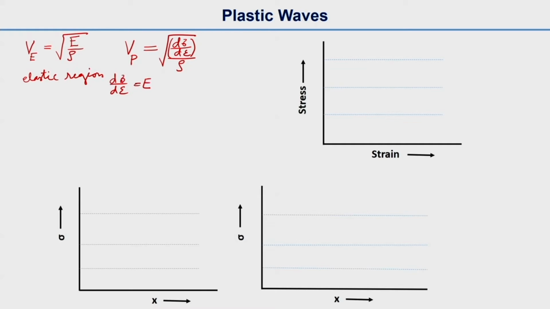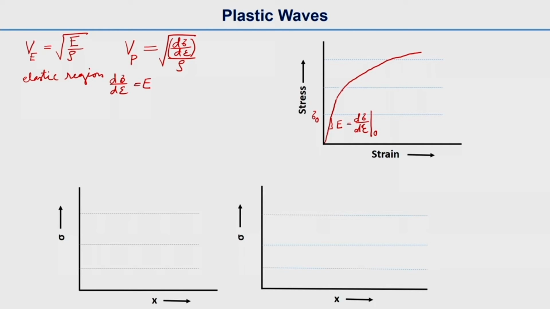So, if we draw the stress strain curve, it will look like this: this is the elastic portion, and then there will be yield, and with strain hardening it will go like this. So, first portion in the elastic region, the slope E equal to d sigma d epsilon, at sigma naught actually.